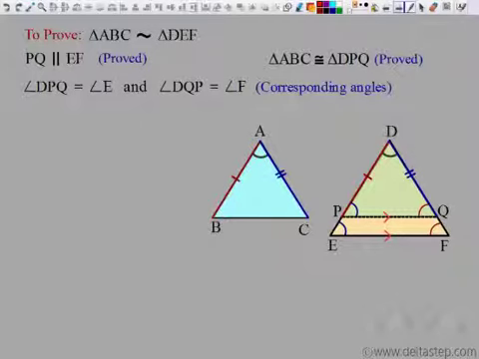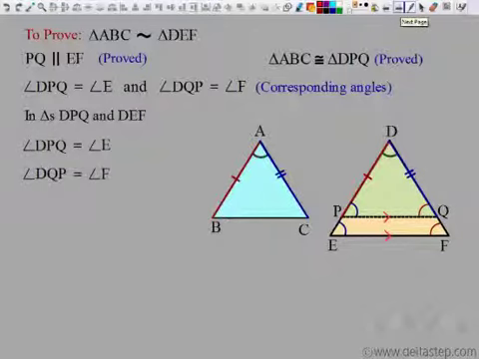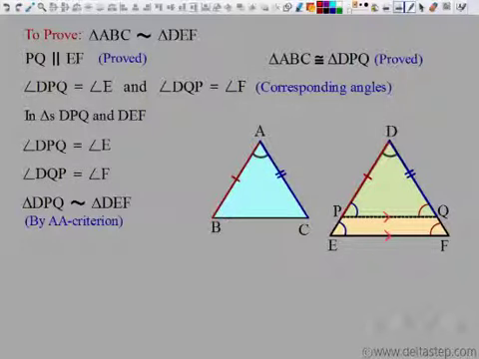Now if I look in these two triangles, in triangle DPQ and triangle DEF, what do you see? A pair of angles equal, another pair of angles are equal. So this blue angle here, DPQ is equal to angle E and DQP is equal to angle F. So these two pairs of angles are equal, and if two pairs of angles are equal, I can say that the triangles would be similar by angle criterion.